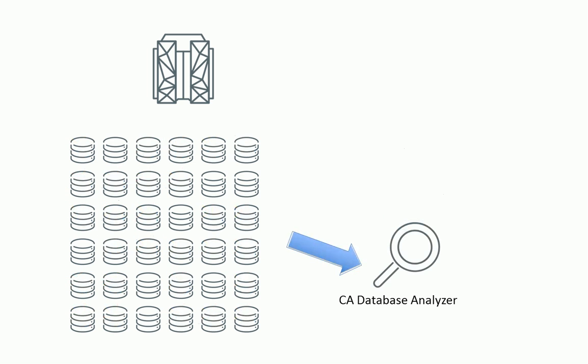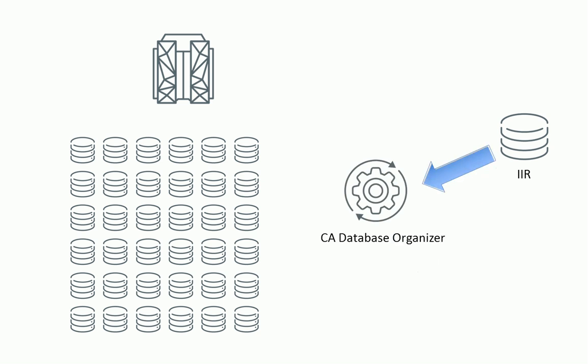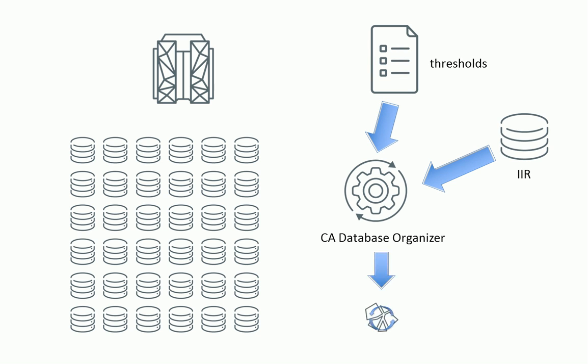Here's how it works. CA Database Analyzer collects statistics about each DBD and stores those statistics into CA's IMS Information Repository. Conditional Reorg evaluates the statistics against predefined thresholds and determines whether databases should be reorganized or not.